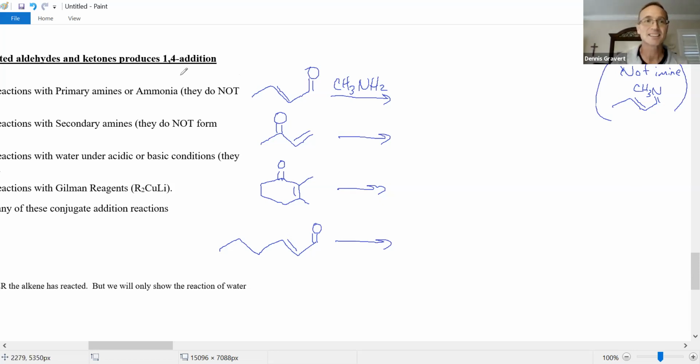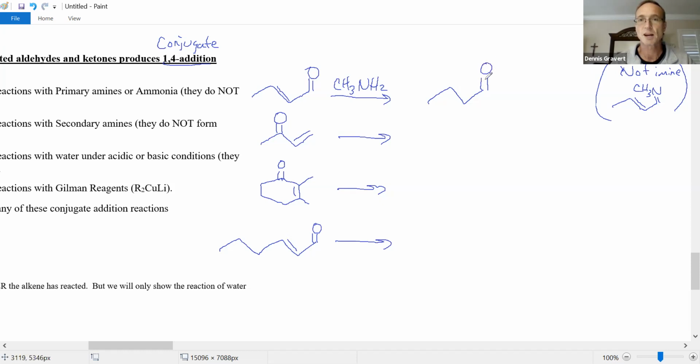Instead, we get the 1,4 addition product, the conjugate addition product. And so what the pattern is where you had the pi bonds, in between there's a single bond between the 2 pi bonds, you get the pi bond there. I'm showing the mechanism, which you don't have to do.